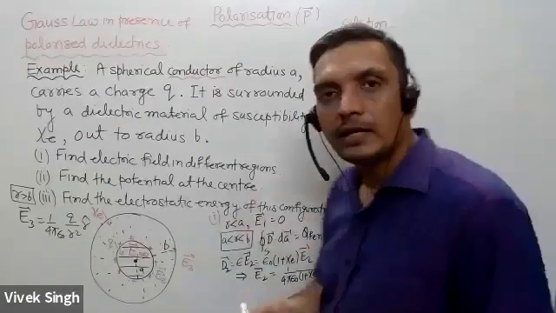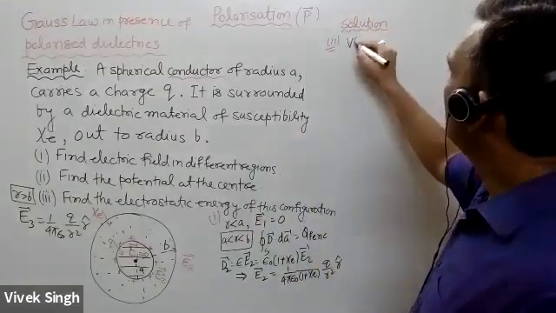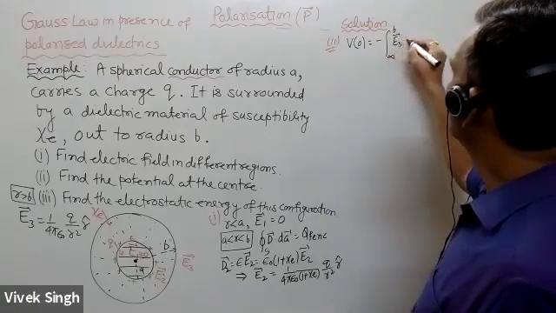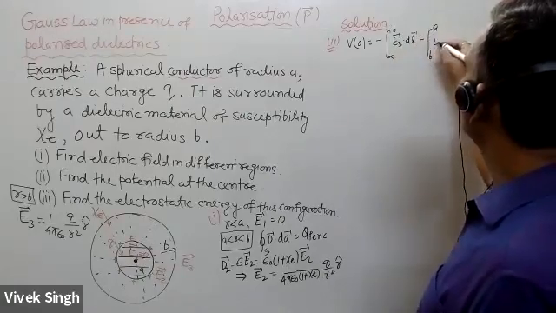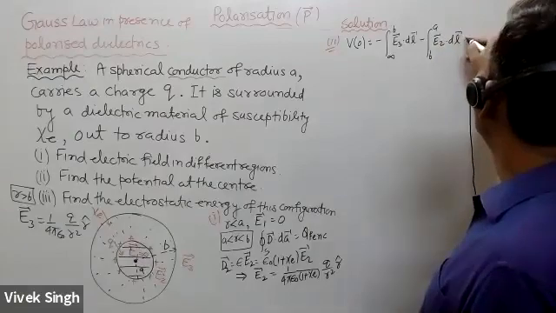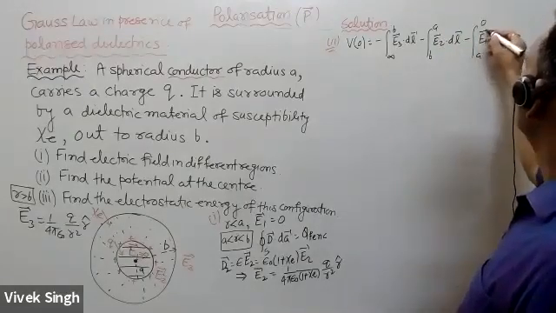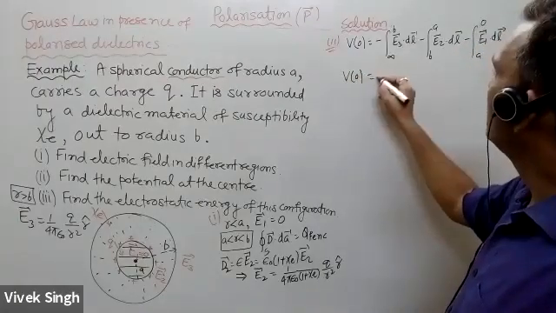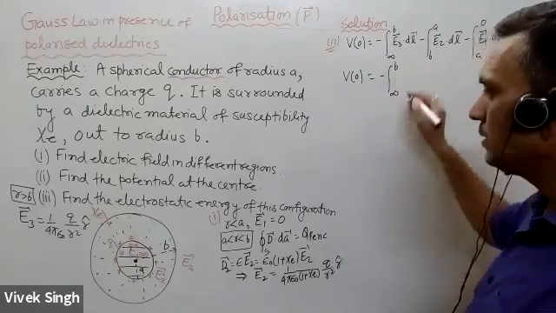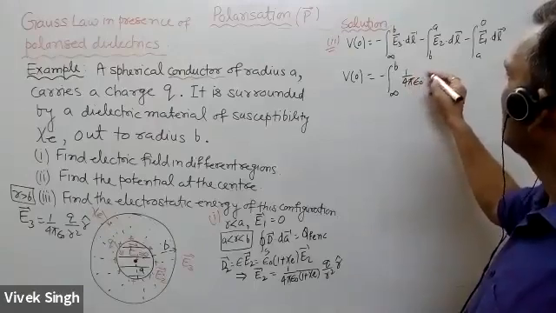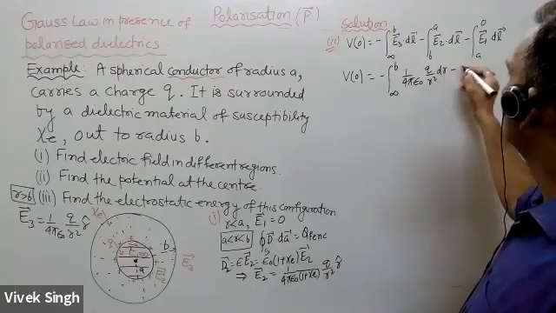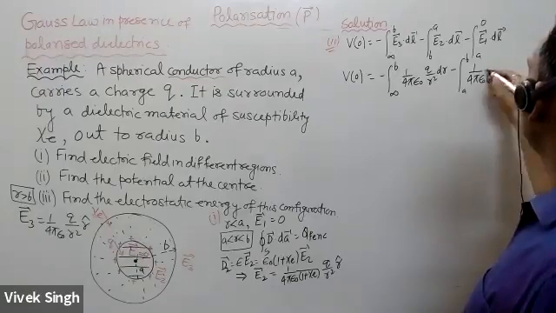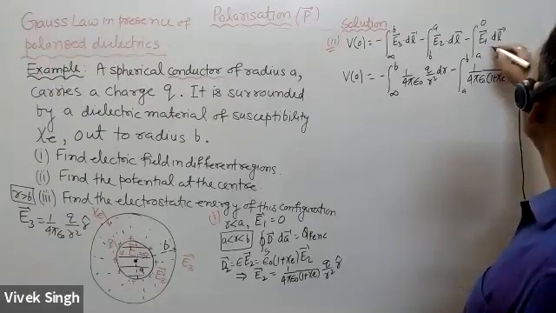Now in second part, if you know electric field, you can find potential at the center. What will be potential? Minus integral from infinity to B of E3 dot dl, minus B to A of E2 dot dl, and minus A to 0 of E1 dot dl. So this will give you, for infinity to B, 1 by 4 pi epsilon naught Q by R square dr, and minus A to B, 1 by 4 pi epsilon naught (1 plus chi E) Q by R square dr, and this term will be 0.